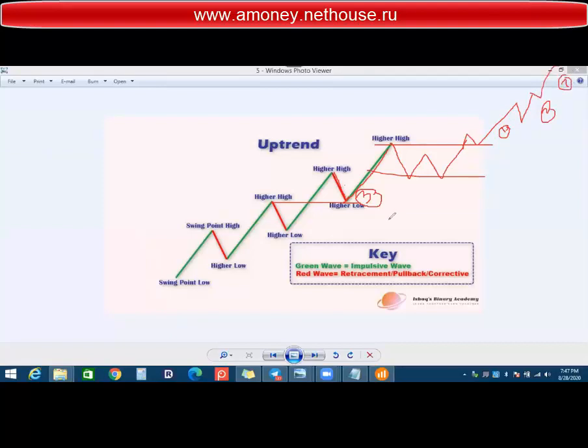That is the process, that is the sequence of the market. Now, how do we understand whether this is the last, third impulsive wave, or whether the market will continue? Look at this example here, so you can understand very easily.